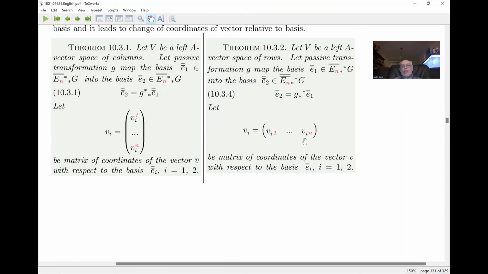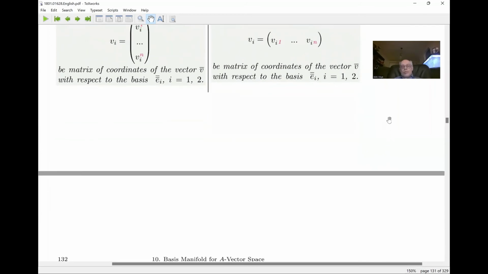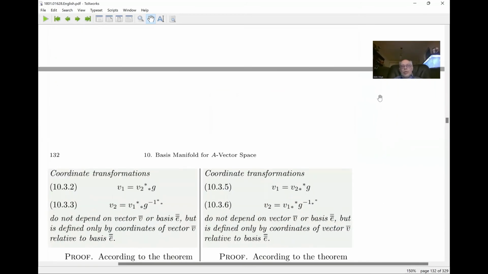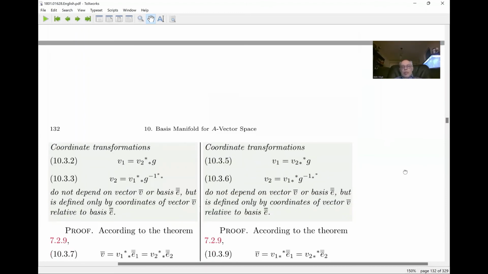Let Vi be matrix of coordinate of vector V with respect to the basis Ei, i equal 1 or 2. Coordinate transformation 3.5 or 3.6 do not depend on vector V of basis E, but is defined only by coordinates of vector V relative to the basis E.